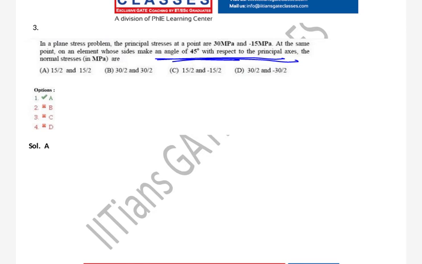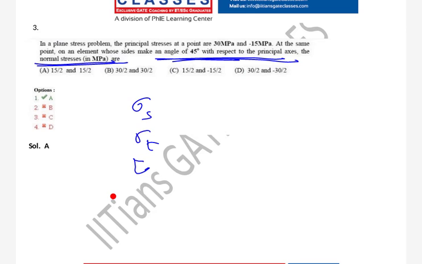But what is the given thing here? They only asked normal stresses, not shear stress. So my normal stress does not depend on orientation, because you write the stress transformation matrix. What will be your unknown? Suppose it is sigma s and sigma t.